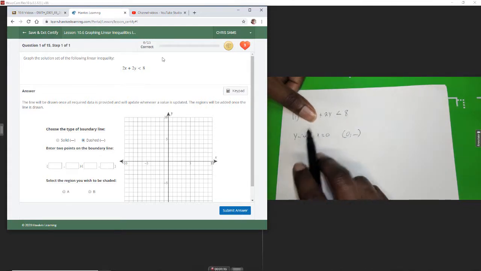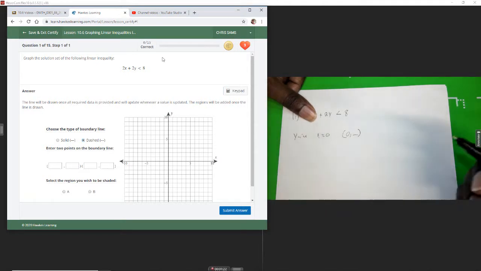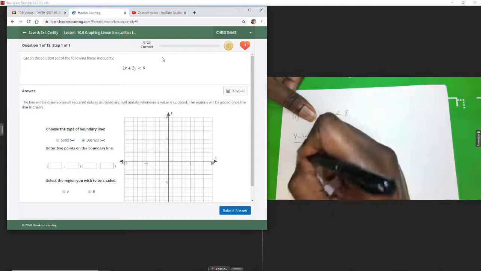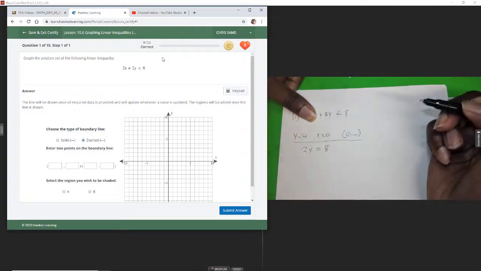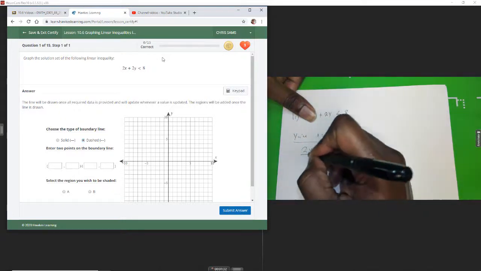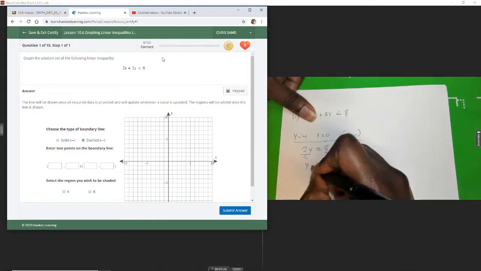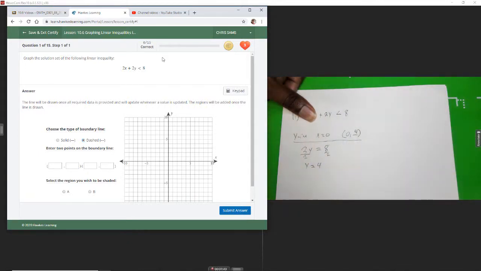Once x is 0, that whole term goes away, and I'm left with 2y is less than 8, or we can just say 2y is equal to 8. And then we solve for y by dividing by 2, and we get that y equals 4. So the ordered pair that we get for the y-intercept is going to be 0, 4.